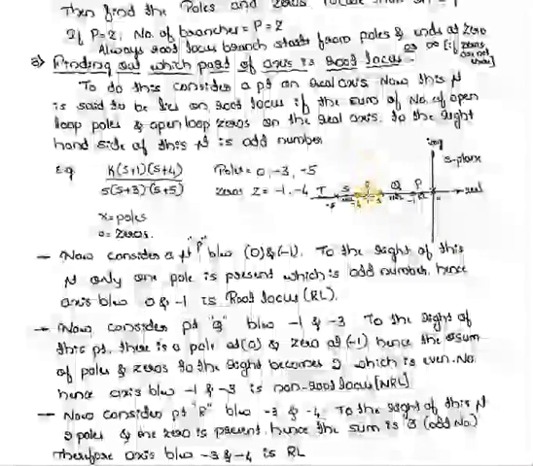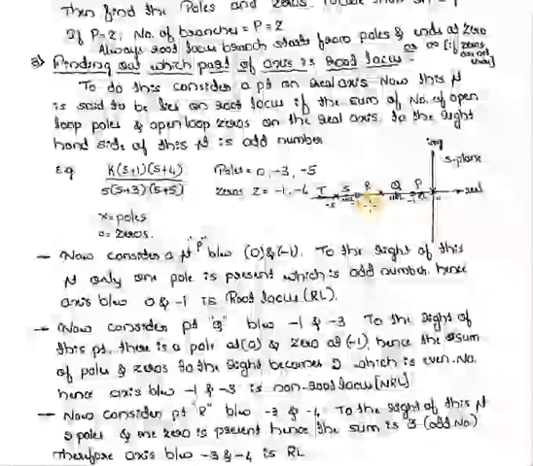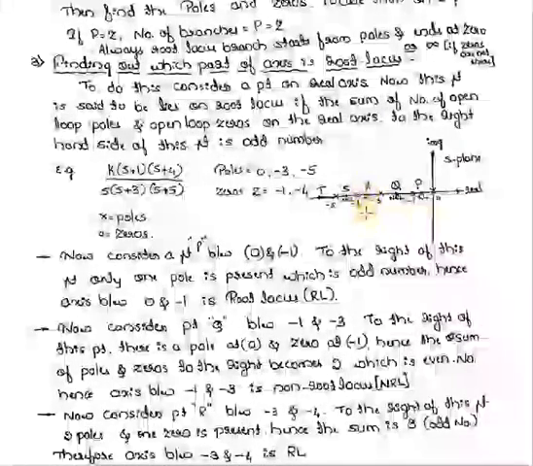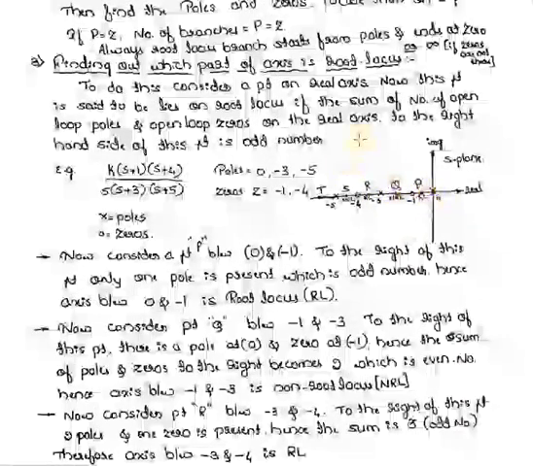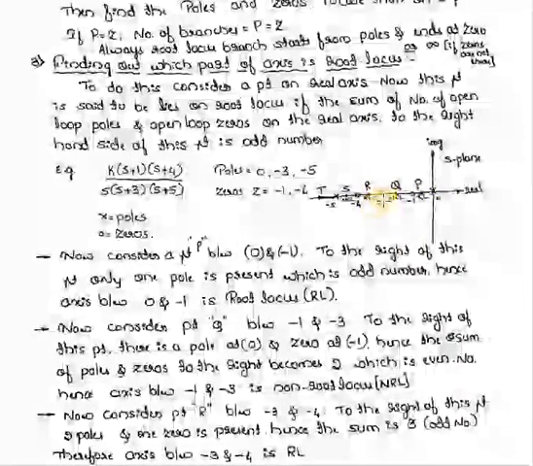Now take the summation of p and z towards the right side. The reference section is here: 1 pole, 1 zero and another pole. So the summation is 3, which is an odd number. So -3 to -4 is a root locus part.